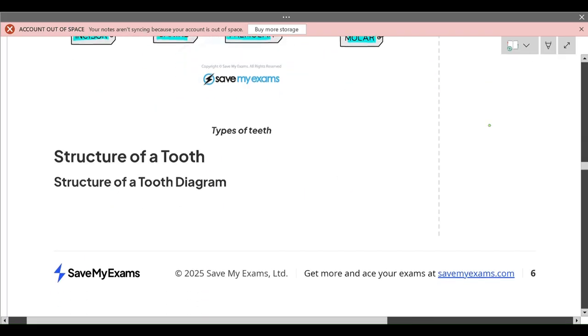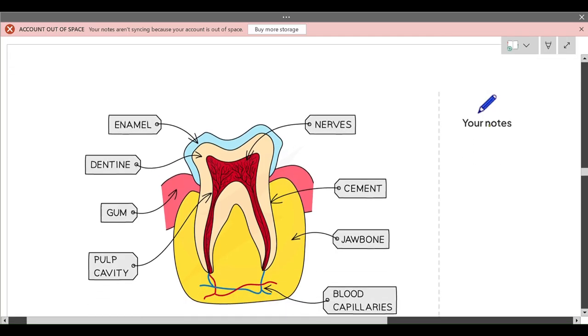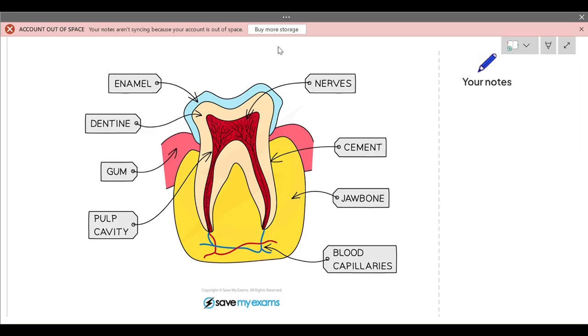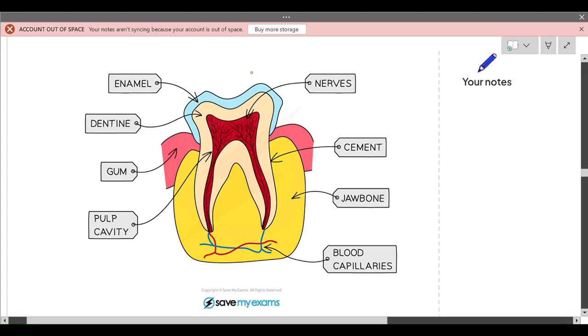You need to look at the detailed structure of the teeth as well. You're not required to learn the functions of each here, but you should be able to label the structure of your teeth. It usually comes in the form of an identification or labeling question.